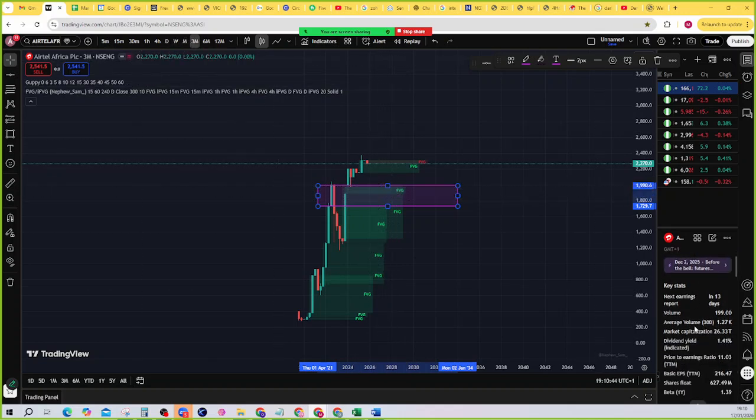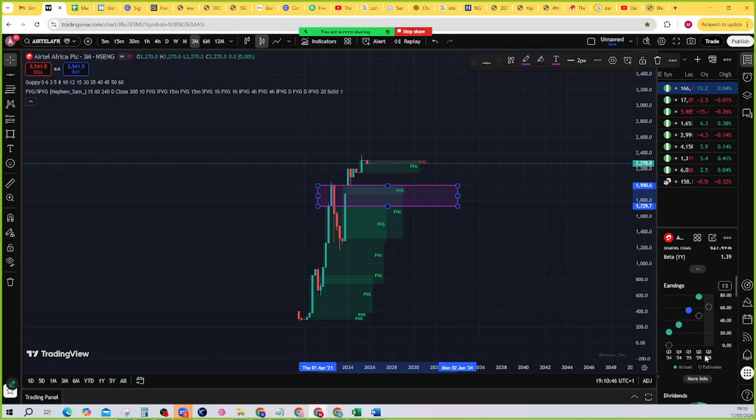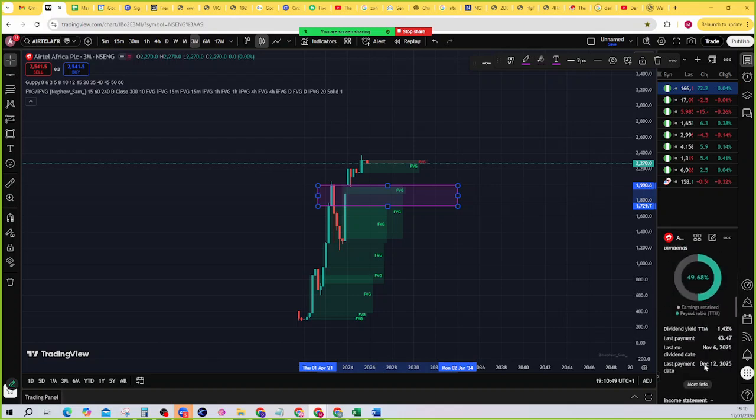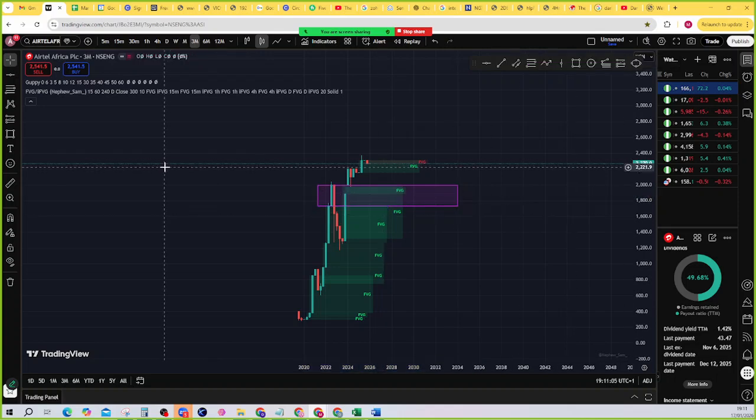But let's go and see what they are giving. Payout versus earnings. So last payment, they paid 43 naira. So they are paying 43 naira out of what you are paying now. That's 2,270. Let's now look at MTN.